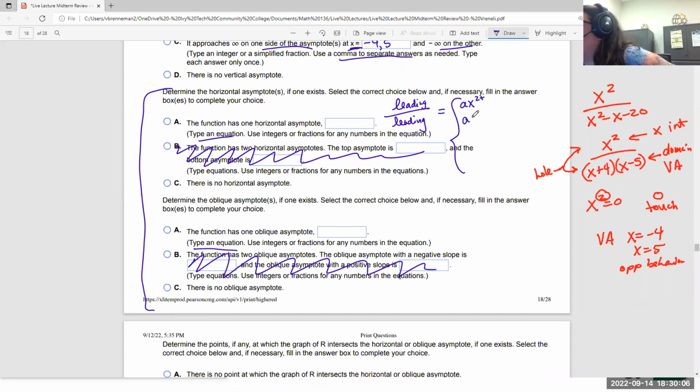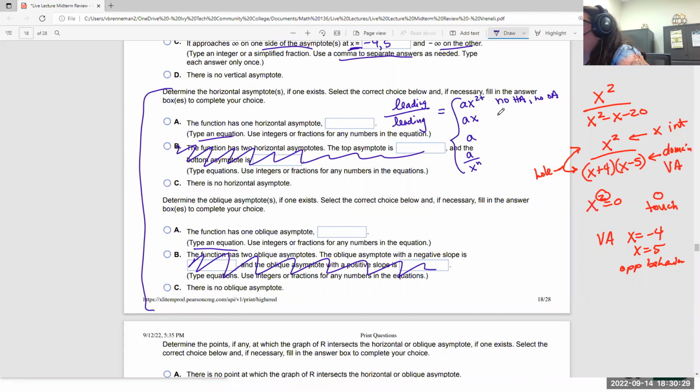It can simplify to just a multiple of x, or just a number, or a multiple of some power of x on the denominator. If the first, so if there's an x squared or higher left on the top, then there's neither. There's no horizontal asymptote, no oblique asymptote.